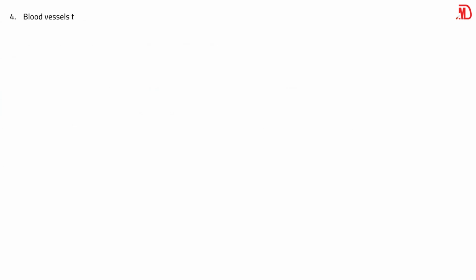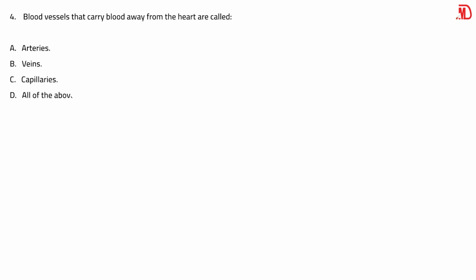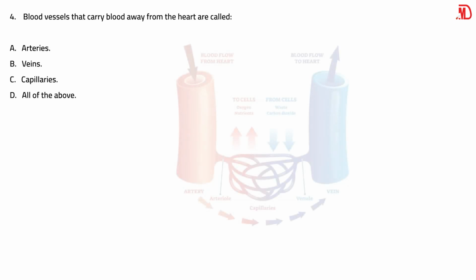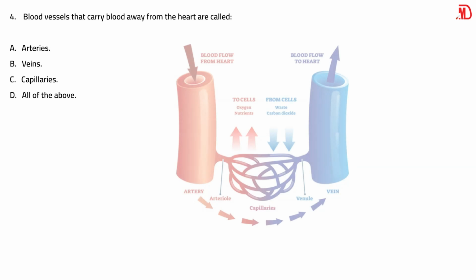Question 4. Blood vessels that carry blood away from the heart are called A. Arteries, B. Veins, C. Capillaries, and then D, all of the above. Arteries carry blood which is rich in oxygen away from the heart, whereas veins carry deoxygenated blood back towards the heart.